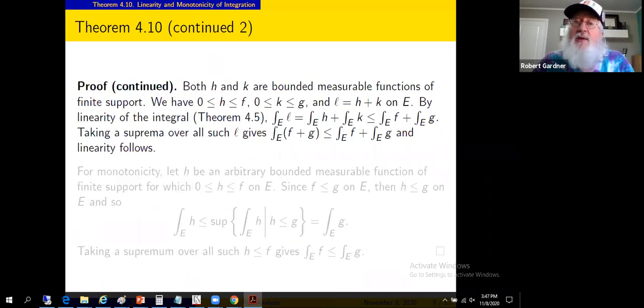All right, that'll allow us to talk about integrals of f individually and integrals of g individually. So h and k are bounded measurable functions of finite support, and we have the desired inequality.